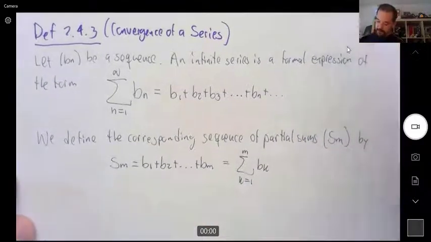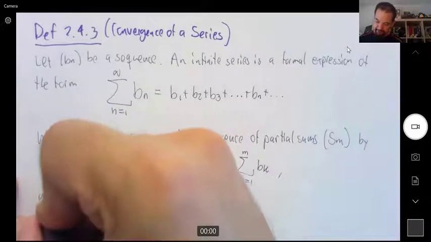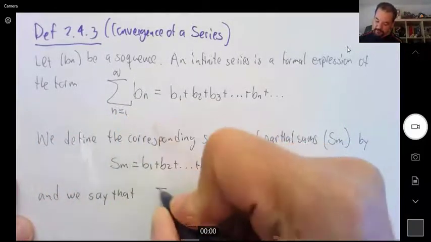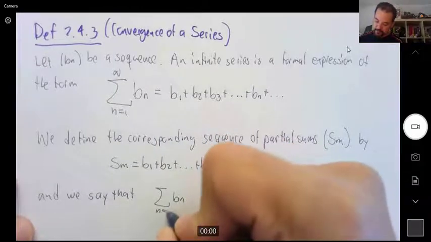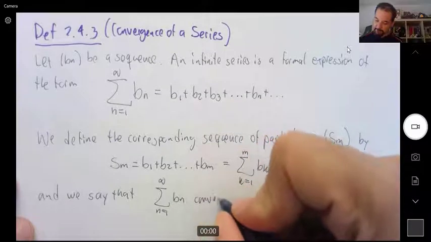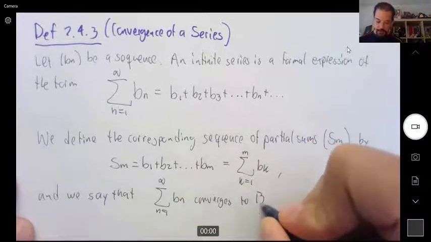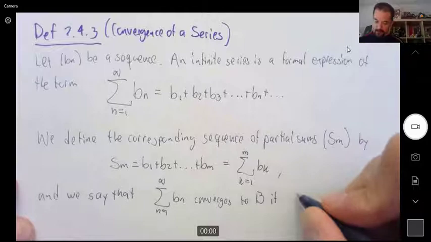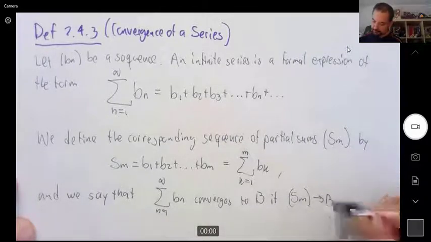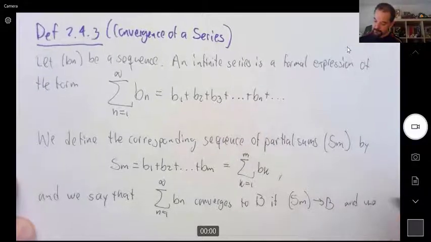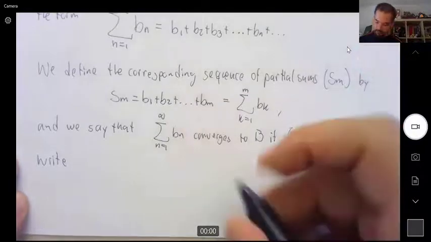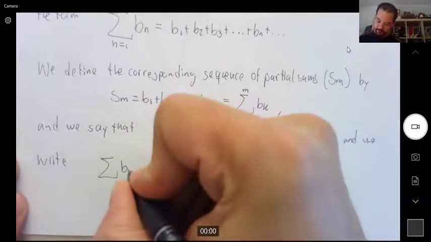And we say that the infinite series of b_n converges to the number B, capital B, if the sequence S_m converges to B. And we write it like this.